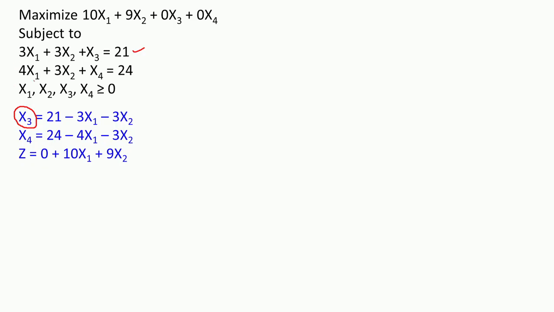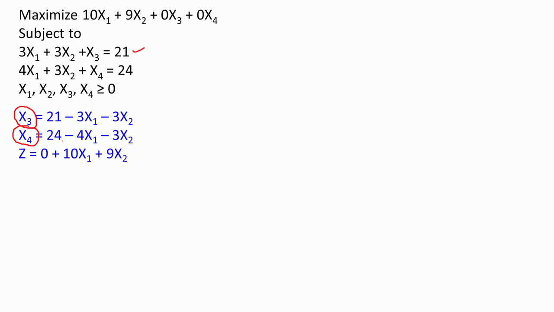Now, the second equation is 4x1 plus 3x2 plus x4 equal to 24. This is written as x4 is equal to 24 minus 4x1 minus 3x2. So, x4 is your basic variable. The objective function is 10x1 plus 9x2, or 0 plus 10x1 plus 9x2. The 0 comes because x3 and x4 do not contribute to the objective function.